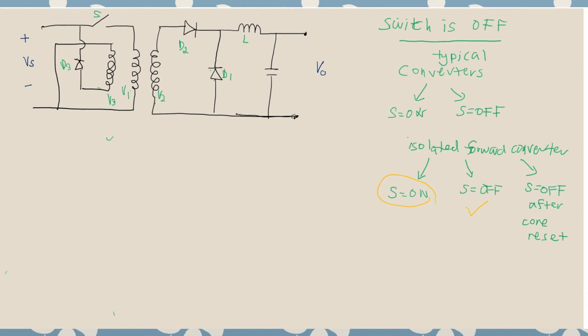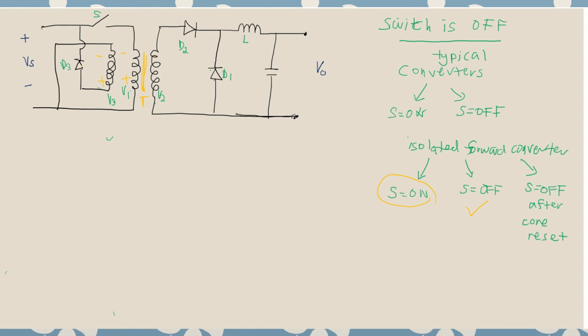Okay, so what will happen in the S off? There's no current flowing in this path, so no current. What will happen when the switch is off? The flux in the transformer will try to decay, and make the polarity of the V1 and V3 reverse compared to the Vs. So now we have a reverse polarity of V1 and V3.